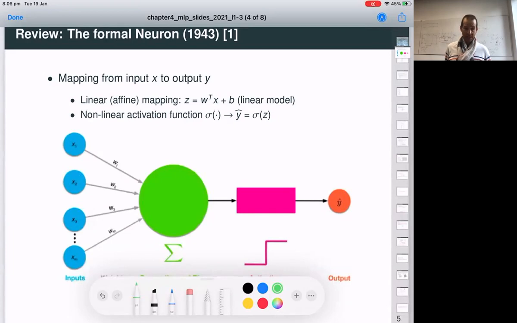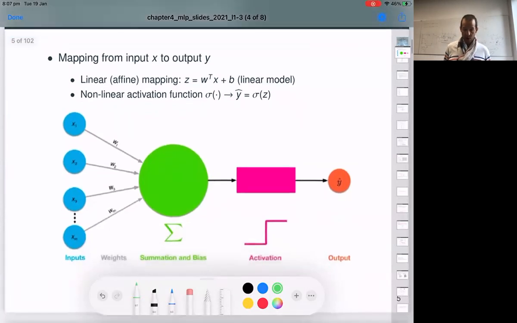And after, you apply in your neuron an activation function. Most of the time it is non-linear, but it could also be a linear activation function for regression purposes.